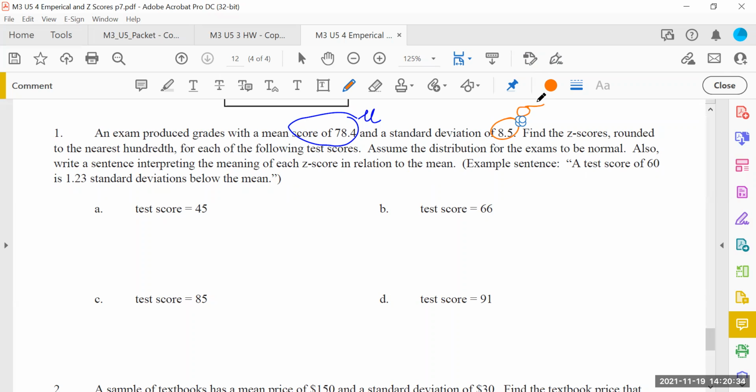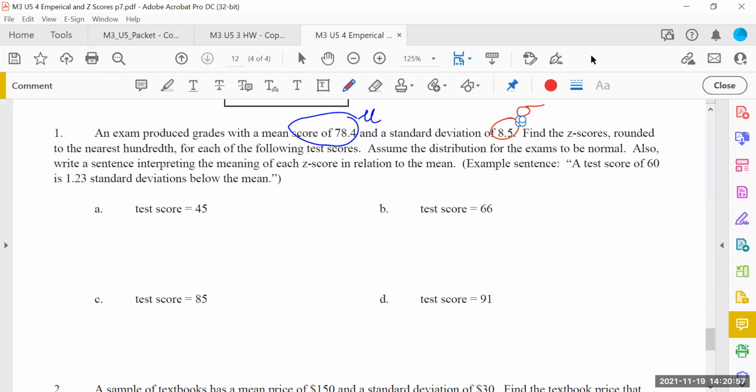So now, let's go ahead and put those into our formula along with the actual score. So, Anthony, we're on the last page of the notes. I've got my standard deviation, I've got my average, and I have a test score.